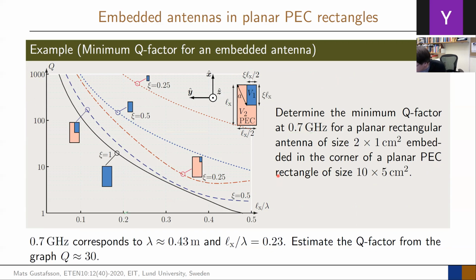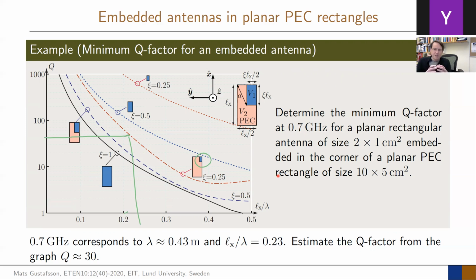We have to take this one and we have to go to, I think, this line here probably. 30, yeah, this line here. And we have to go out there. So 0.23, and then we have to look at the size that sits outside. And then we can get a value out of that one, which is around 30 in these cases.